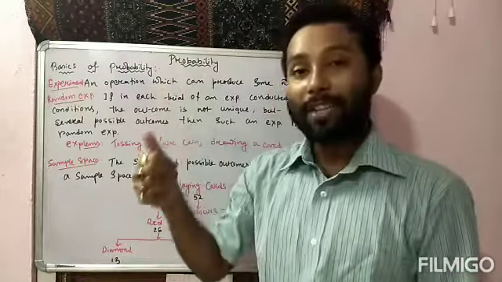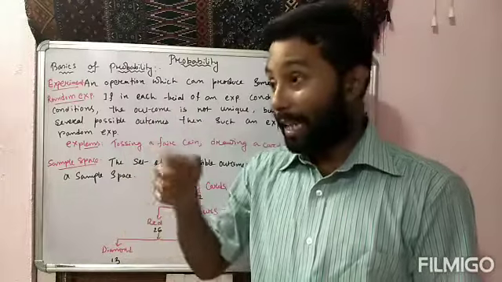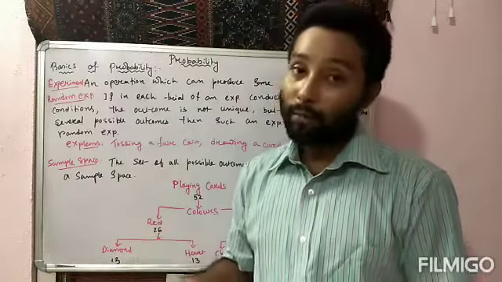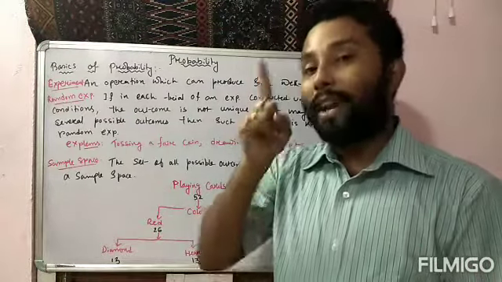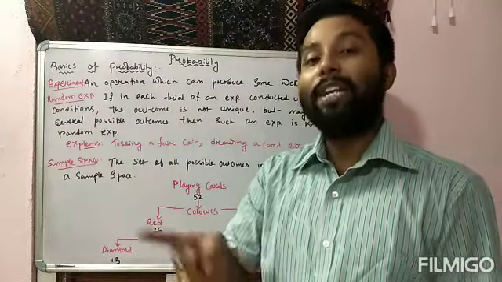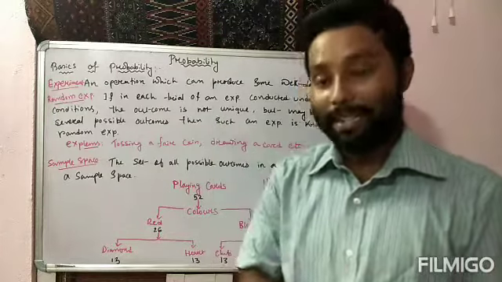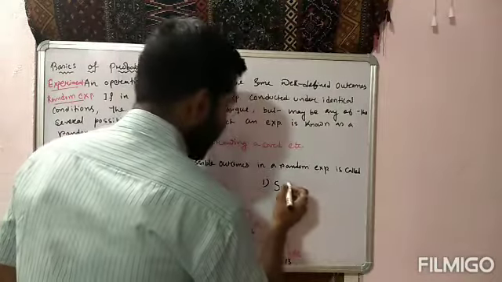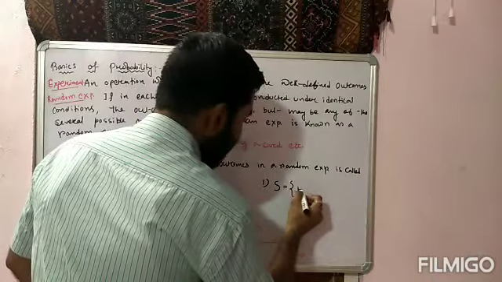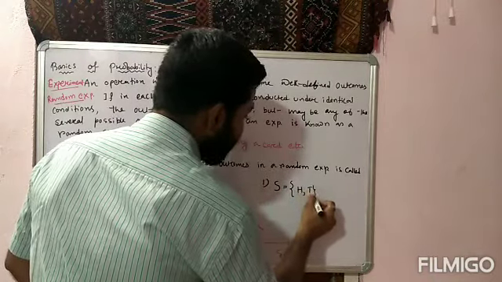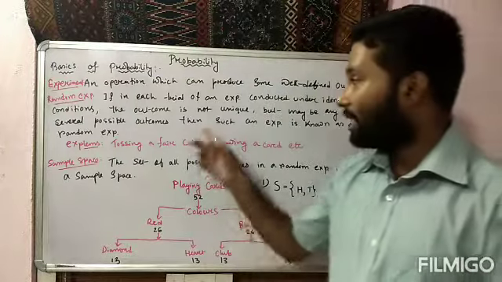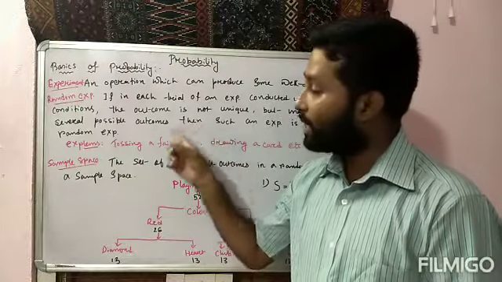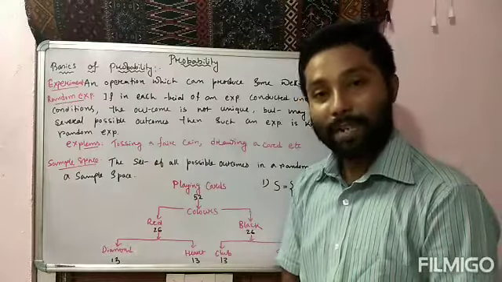Probability means the degree of uncertainty. We don't know whether head will come or tail. So you have to consider both faces, head as well as tail. When we write those elements within the curly bracket, then it is called the sample space of the random experiment. Okay, you know the definition of random experiment, and I have given the example of random experiment.